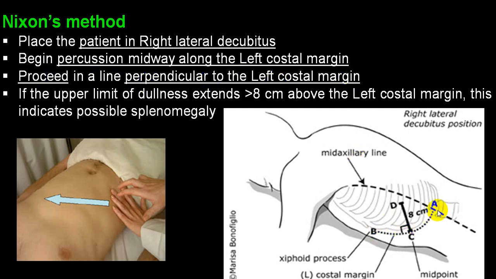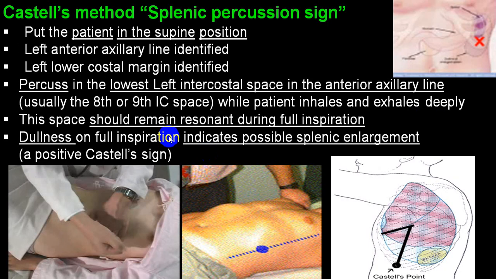If the upper limit of the dullness extends more than 8 centimeters above the left costal margin, you will say that it is probably splenomegaly. Again, very difficult, but this is called the Nixon method.